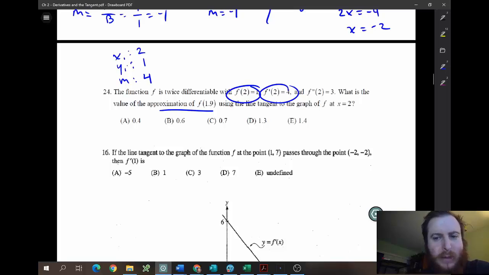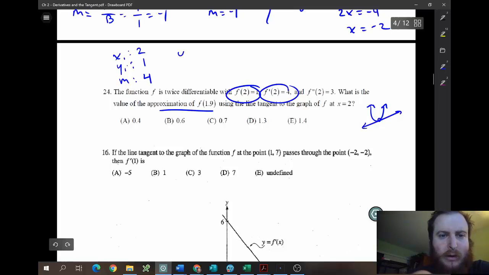Where that would help us is that we know that it's concave up. So if it asked us, was this an under or over approximation, we would have known that this is going to be an under approximation. So now we can write our tangent line equation, y minus 1 equals 4 times x minus 2.